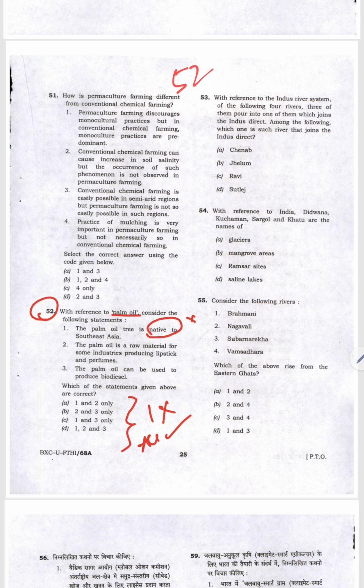So when I'm looking at the other two options, the palm oil is a raw material for some industries, positive statement. The palm oil can be used, positive statement. So 2 and 3 are 100% sure. And palm oil is native, so there might be a change in this particular thing. So hence I will go with option 2.